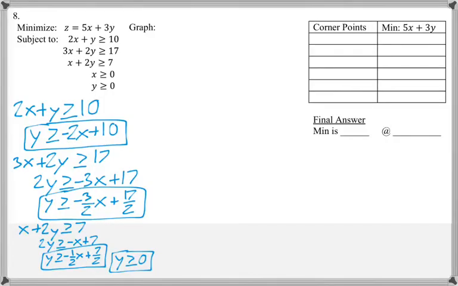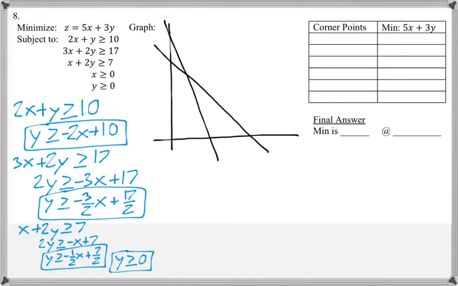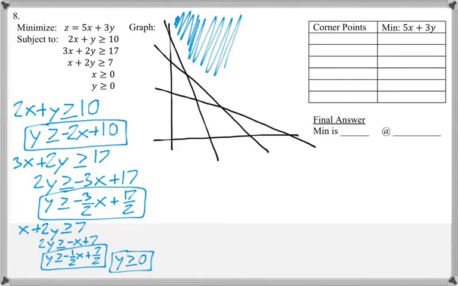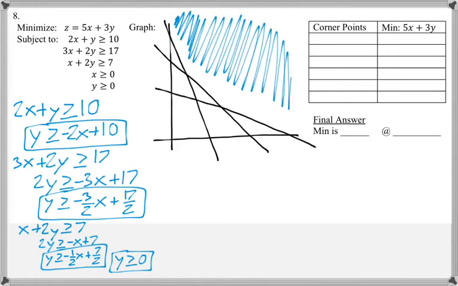Before we find the intersection points, I do want to graph this on my paper. So my graph is going to look something like this, and my feasible region was here.